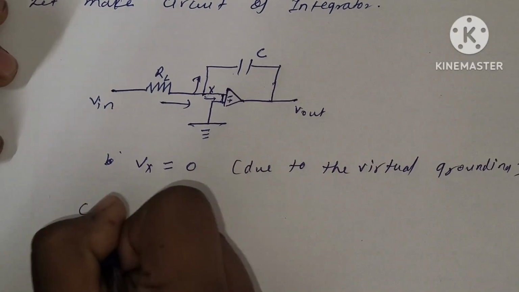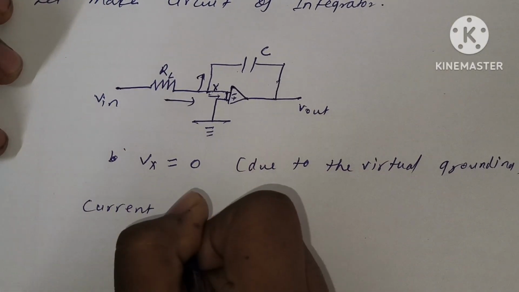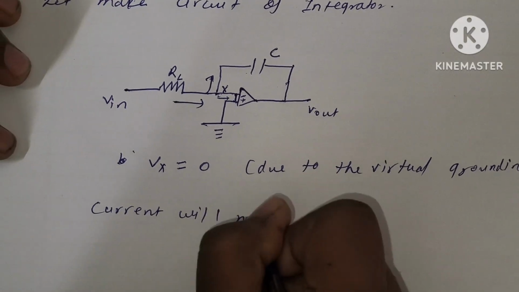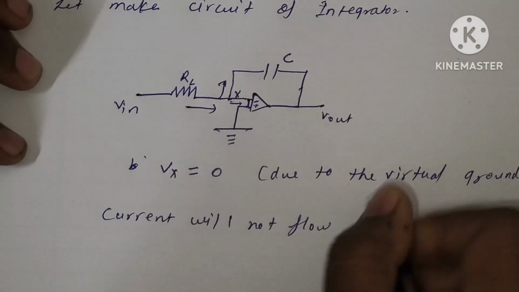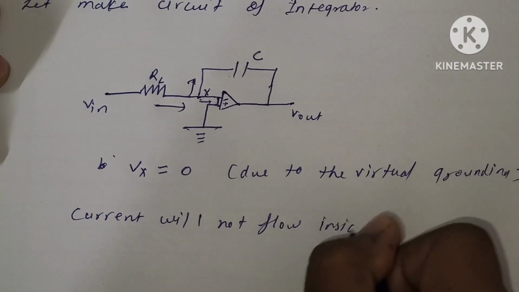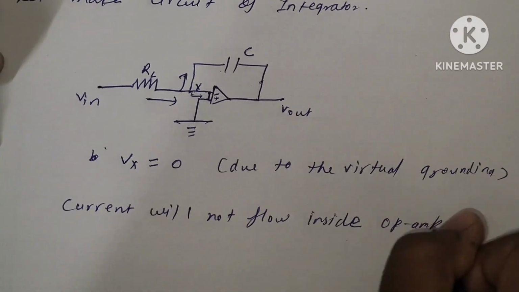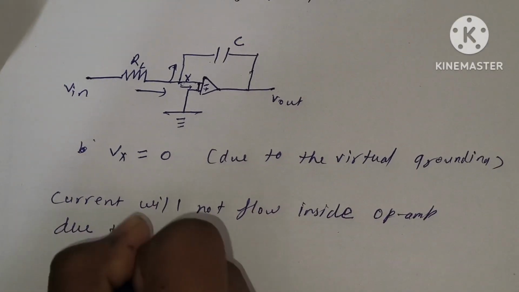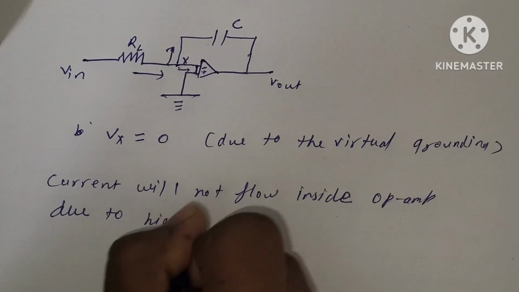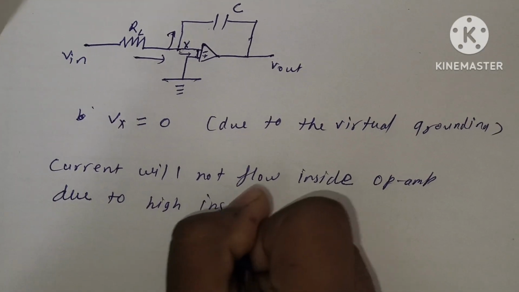The current will not flow inside the op-amp due to its high internal resistance.